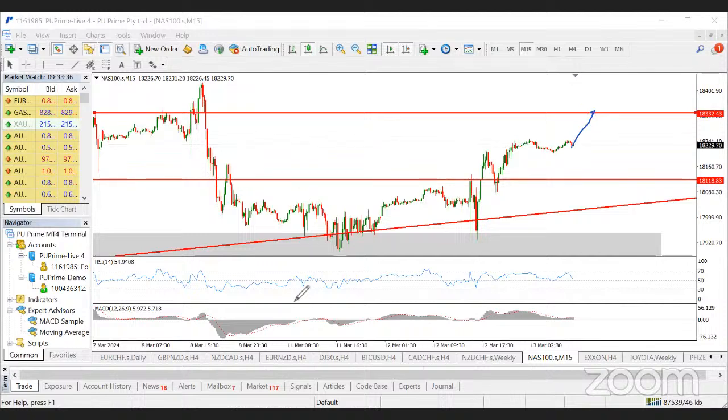On the 15 minutes, we can also draw a trend line. With the understanding that we're waiting for price to hit this level and then break out, entry can be from somewhere around there after price has hit the resistance level. So just exercise patience and wait for the next thing on NAS 100. But I'm bearish on it, pending price hitting that resistance and falling downwards from there.